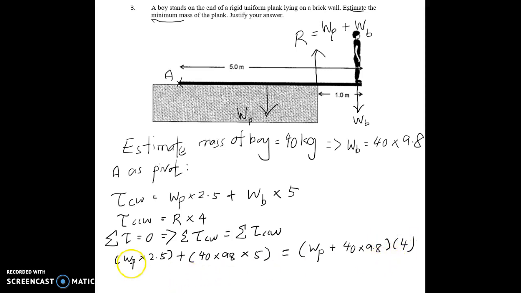I need to skip some steps. Your main objective is to find WP.